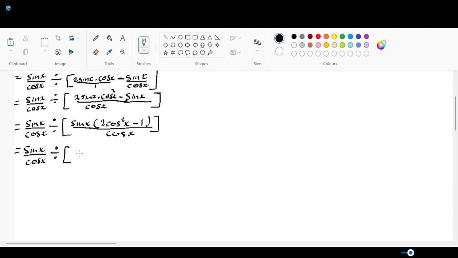We can divide it by cos x here in the numerator, which is multiply. If we look at 2 cos squared x minus 1, this also is an identity. The icon at the top of your video shows you the double angle identities and how we derive them.